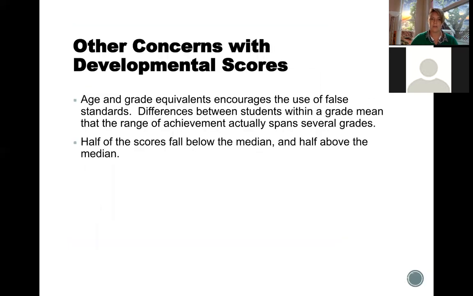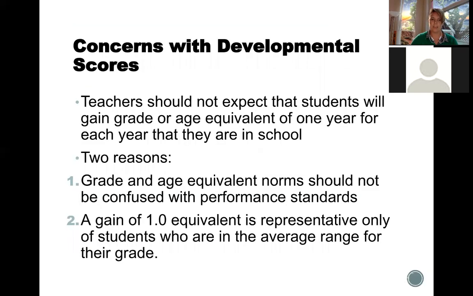So we talked about being careful about age and grade equivalent norms, that they should not be confused with performance standards. So just because you go make a year's progress doesn't mean the student's going to make a year's progress on those grade equivalencies.